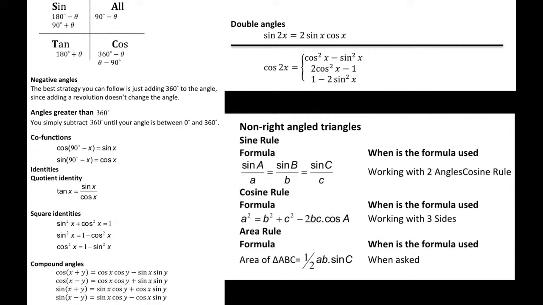For that, go and have a look at the videos available under the trigonometry playlist. There I do fantastic explanations about the CAST diagram, negative angles and how you handle them, the identities, and cofunctions. If you've never understood cofunctions, please go and watch that video.